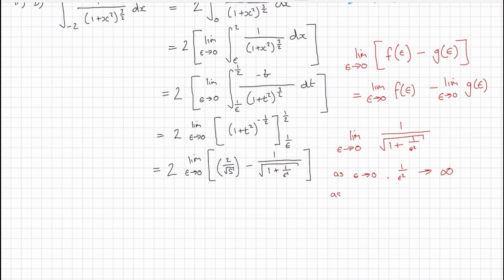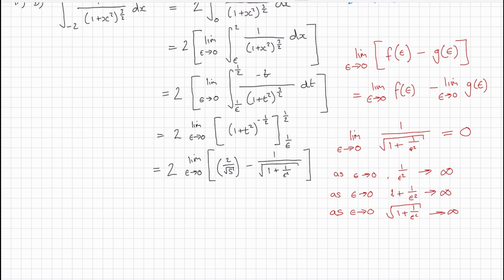Therefore, as epsilon tends to 0, 1 plus 1 over epsilon squared tends to infinity. Then when we square root it, we have the same. And then we have 1 over something that's tending to infinity, which gives 0.